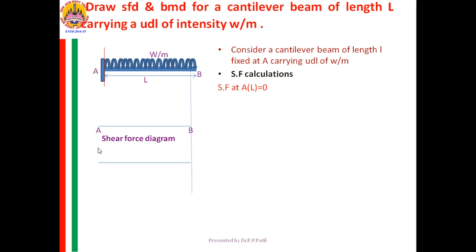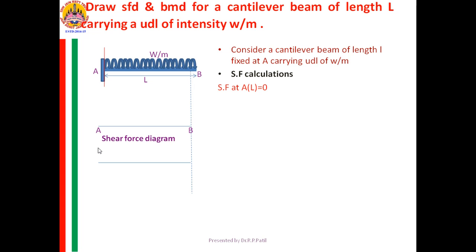It is W per meter run. And how much length is it acting? L length it is acting. Now you tell me whether it is plus or minus. Plus, sir.